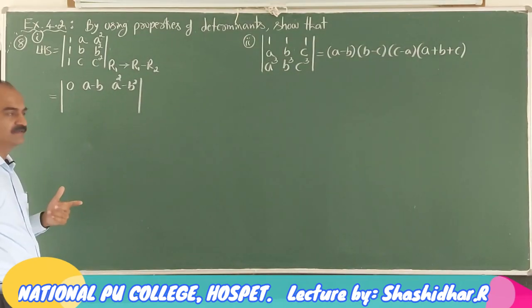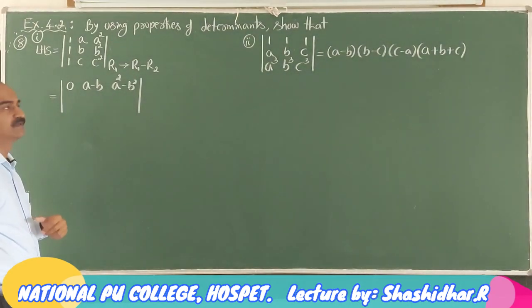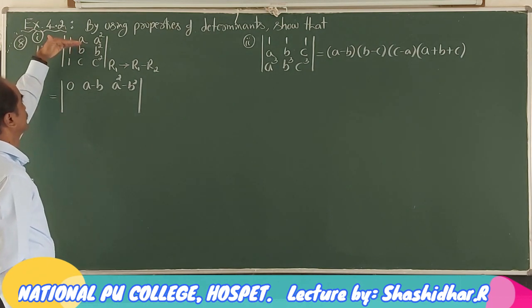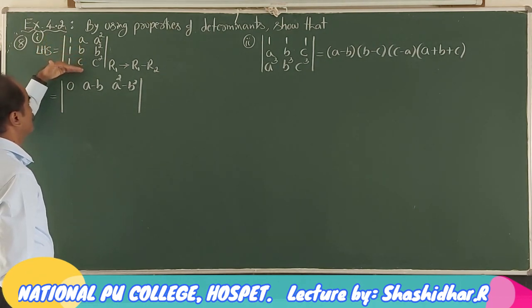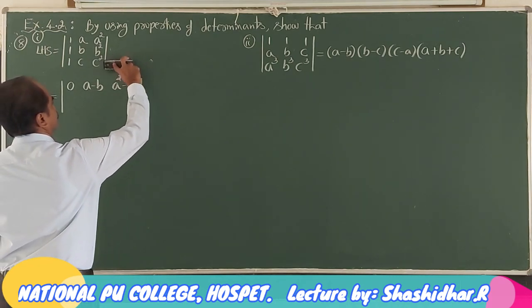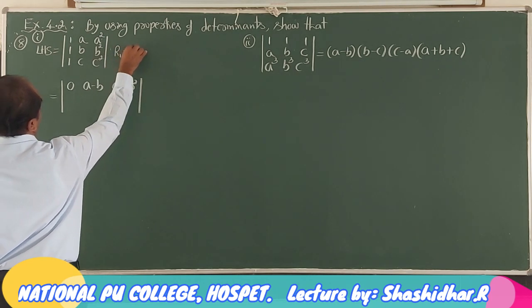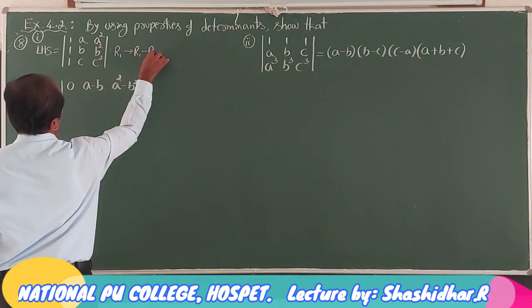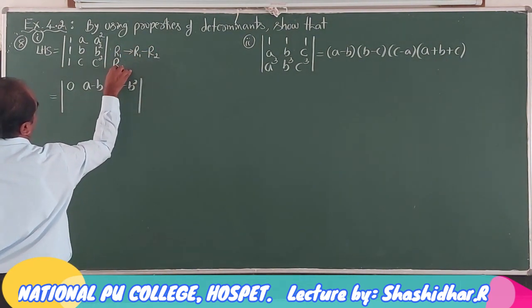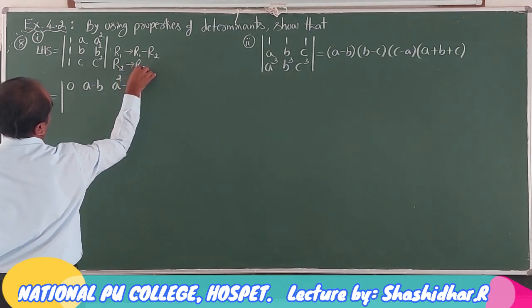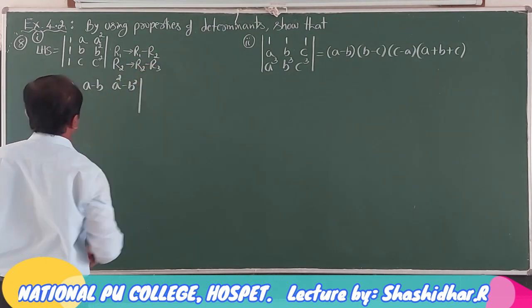Next, I need b minus c also. How to get b minus c? Now, I go for operating R2 changes to R2 minus R3. First I write R1 changes to R1 minus R2, then R2 changes to R2 minus R3.